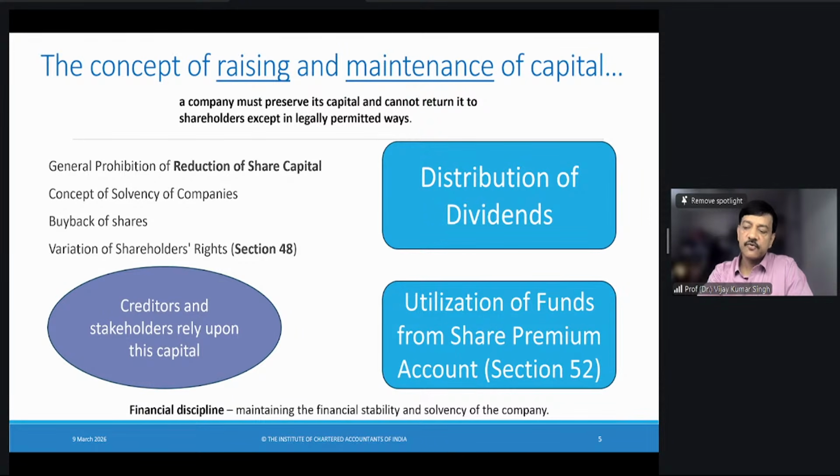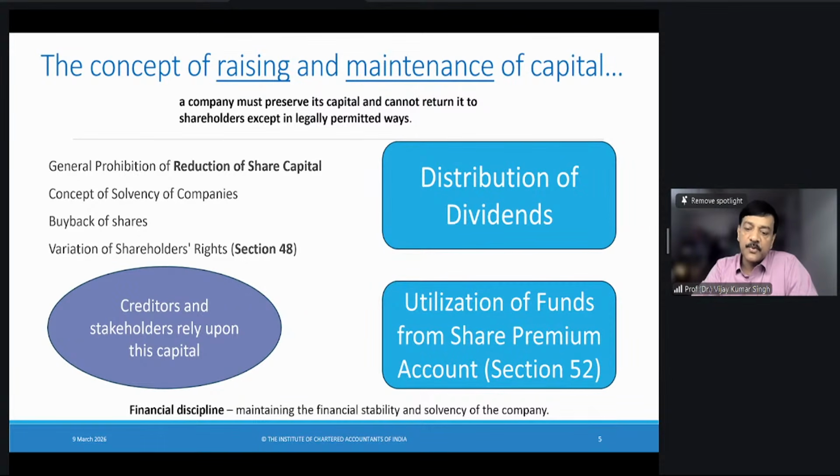Okay, see, you have to understand here that company law provides a detailed mechanism of dealing with the capital. So say, for example, you want to raise capital, you raised 100 crores for a specific purpose. Now, out of that 100 crore, there is another 100 crore you got by way of a premium.